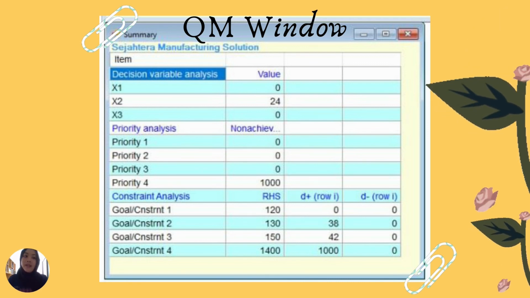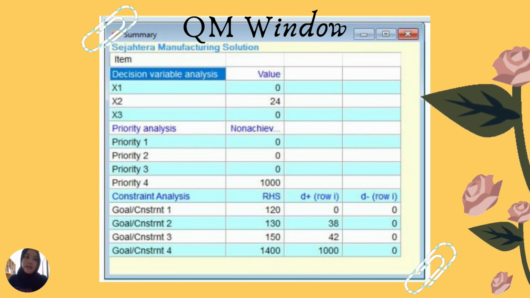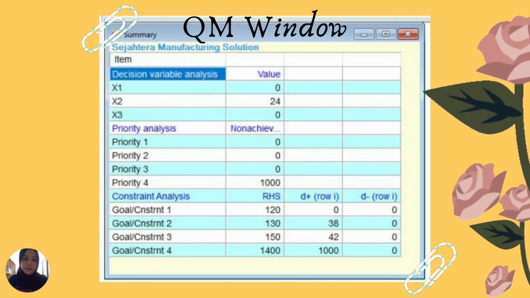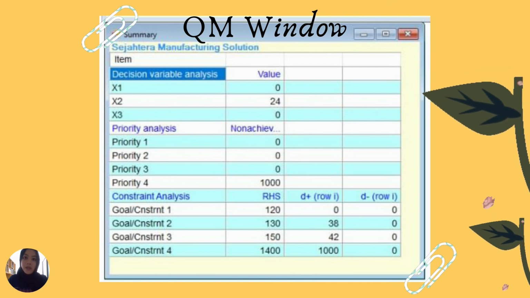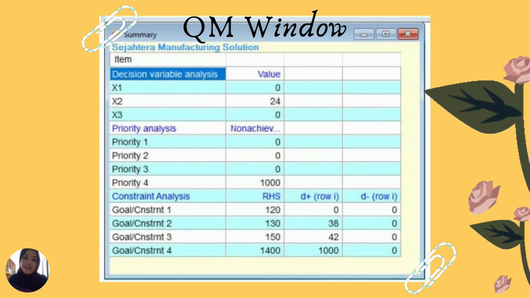But for constraint 1, with full achievement and no overachievement, the company can achieve its goals by getting enough profit.